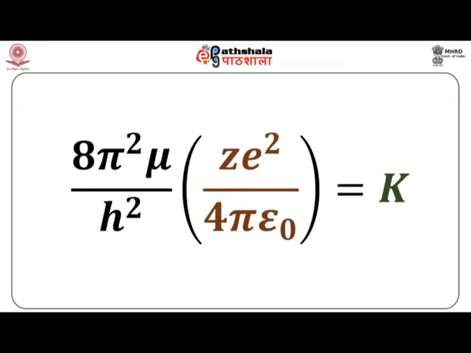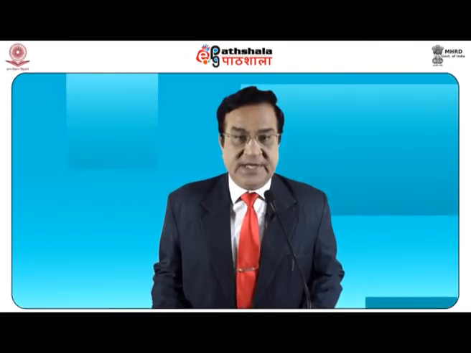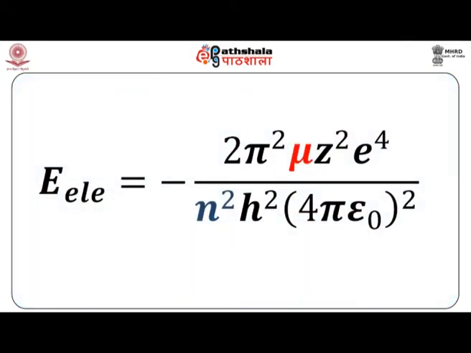And you also know K is equal to 8 pi square mu upon h square into Z square upon 4 pi epsilon 0. If we make these substitutions and rearrange, you can see we are getting E electronic, which is the electronic energy of the hydrogen atom, and this is minus 2 pi square mu Z square e4 upon N square h square 4 pi epsilon 0 whole square. So this is the energy which we get.